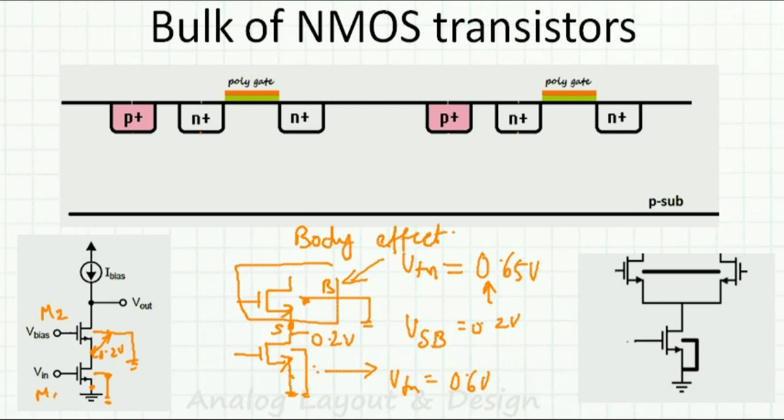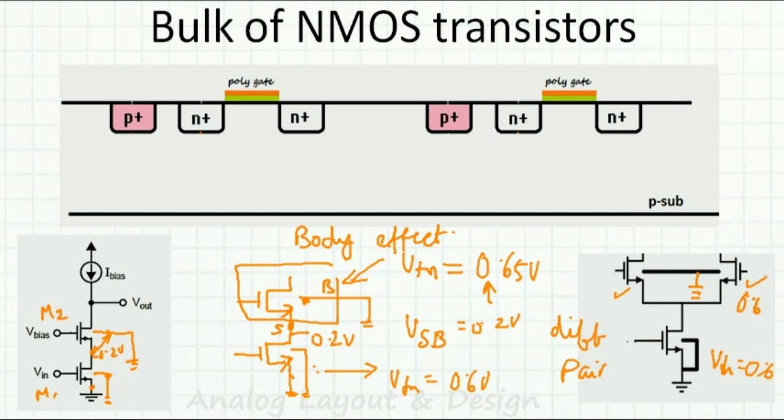Now if I have to eliminate this body effect, I need a separate bulk for each NMOS transistor. A similar thing we will see even in this diff pair. Here I have a diff pair. This one will have a VTH of say 0.6. These two transistors will have a VTH a little higher because this bulk is also connected to ground.